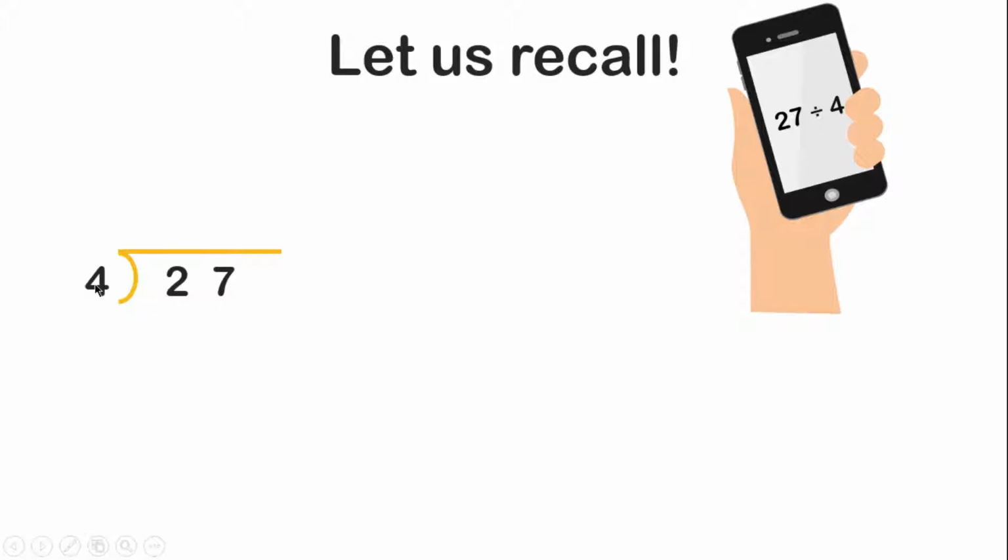If you know the tables of 4, you will know that 4 5s are 20, 4 6s are 24 and 4 7s are 28. So here you can see 4 7s is greater than 27, 4 6s is lower than 27, which is 24. So I am going to use the largest possible number which is smaller than this 27.